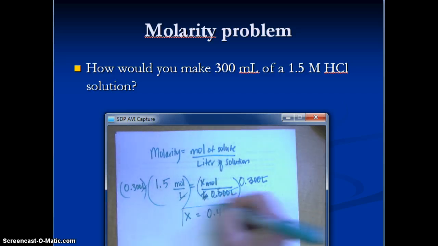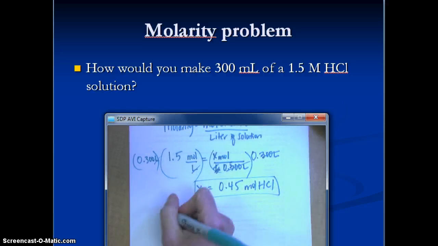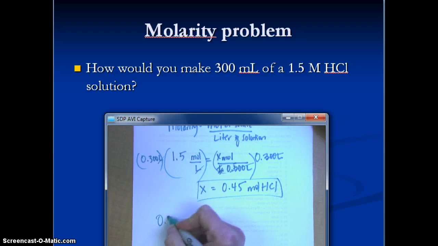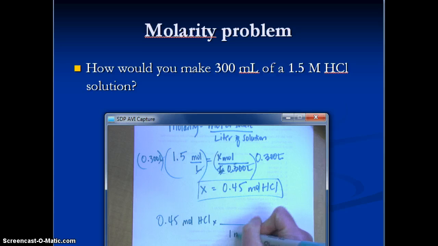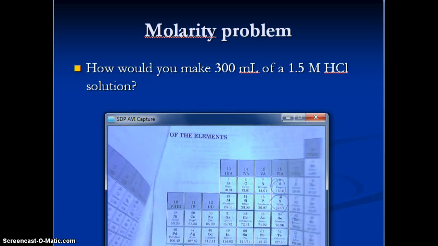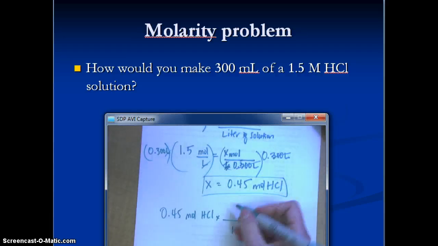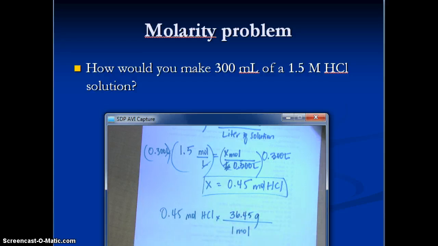And because we are being asked to make it, then we're going to have to convert from moles to grams using stoichiometry. So 0.45 moles of HCl times 1 mole is, you have to go to the periodic table and add 35.45, which is chlorine, plus 1.008, so that's 36.45 grams.